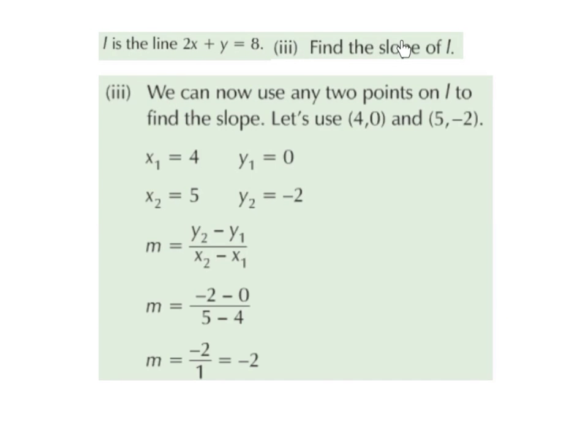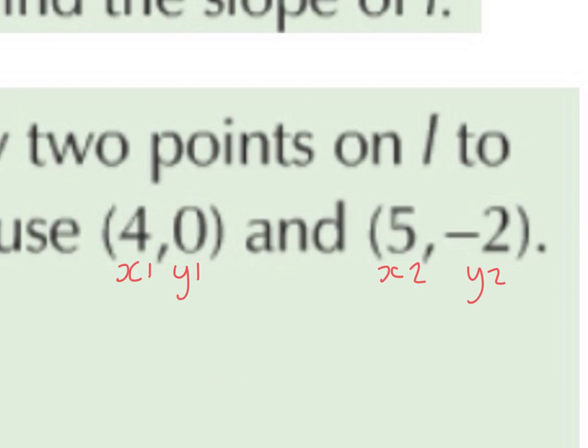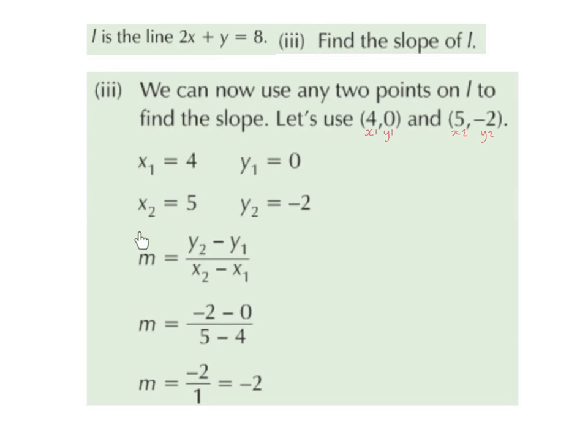Part 3, find the slope of L. We can now use any 2 points on L to find the slope. So we're going to use 4, 0 and 5, minus 2. So we're going to label our points x1, y1, x2, y2. So this is our slope formula given to us in our formula book.